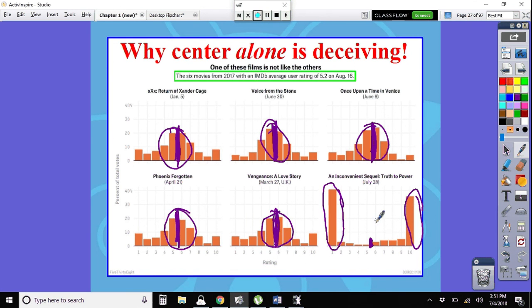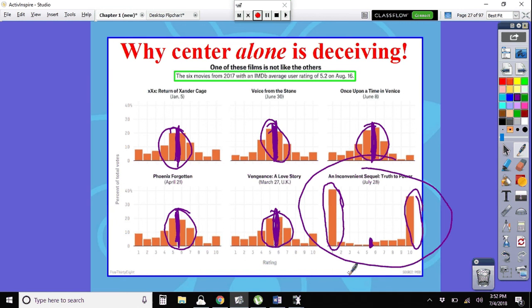So notice that the spread, right, even though all 6 of these movies have the same mean of 5.2, they certainly don't have the same spread. They don't have the same variability or variation. And I would argue that this last movie has the largest standard deviation of them all, and we'll get more in depth on how you can know how big or small a standard deviation is.